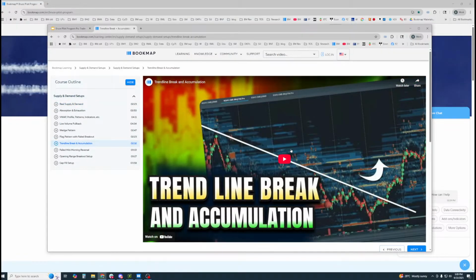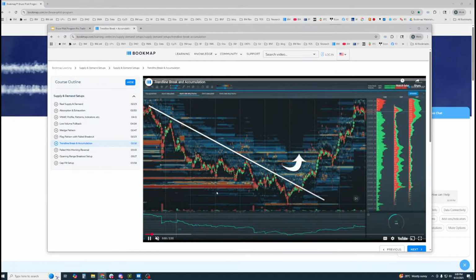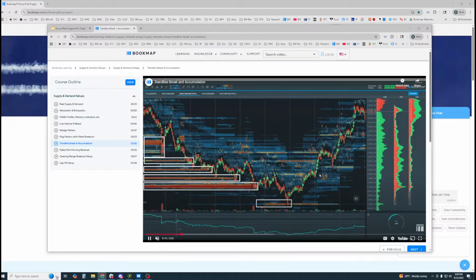Watch this video and just understand it. Understand the 4 elements here on the chart, and then from these 4 elements, you get really good at this setup, and it should keep you out of a lot of trades, and when you do take it, you should be making some money.